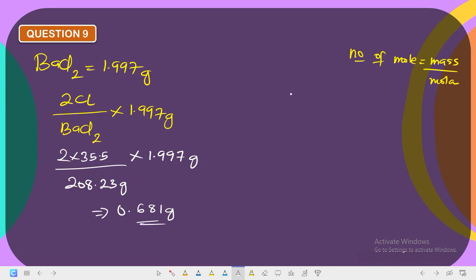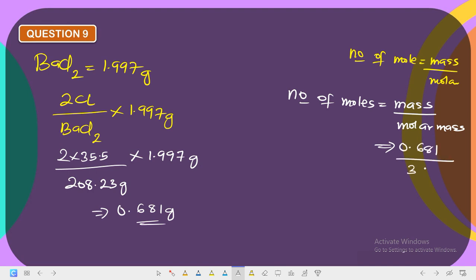Now, to calculate the number of moles of chlorine, what is number of moles? Number of moles is mass over molar mass. Now, what is the mass of chlorine present there? 0.681. Where is the molar mass of chlorine? 35.5.